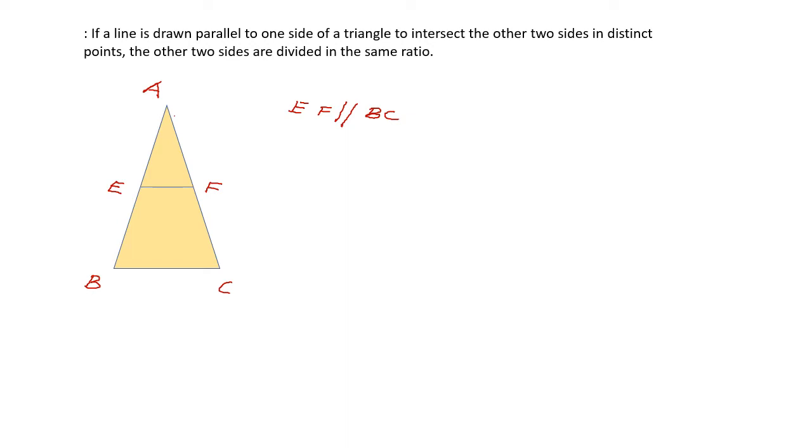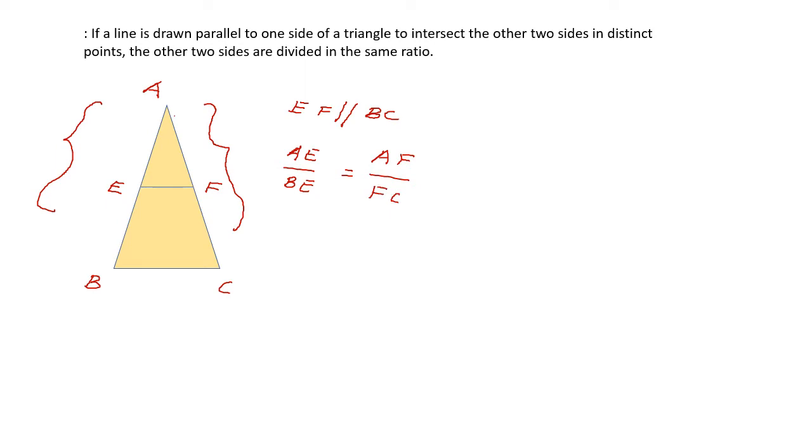So what we are saying is, if EF is parallel to BC in this triangle, then AE by BE is equal to the ratio of the other side, AF by FC.